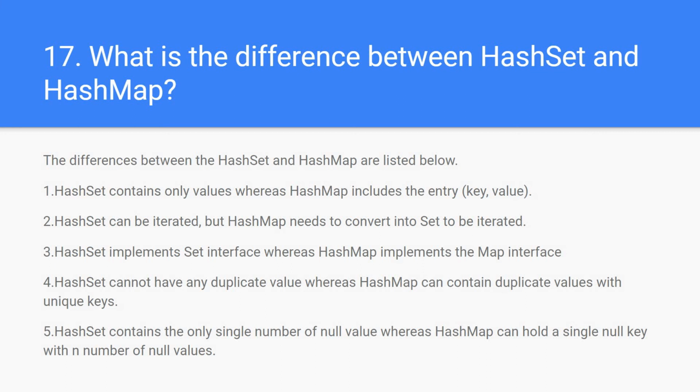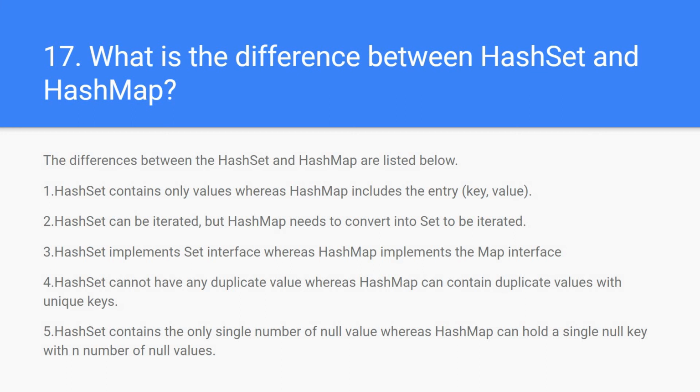17. What is the difference between HashSet and HashMap? The differences between HashSet and HashMap are below. HashSet contains only values, whereas HashMap contains the entry as key, comma, value. HashSet can be iterated, but HashMap needs to be converted into a Set to be iterated. HashSet implements the Set interface, whereas HashMap implements the Map interface.